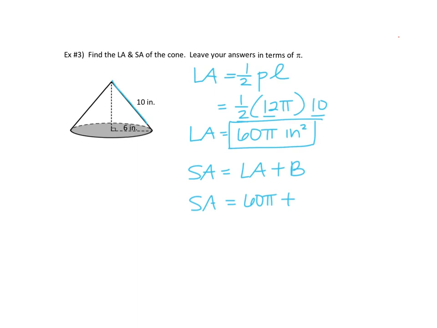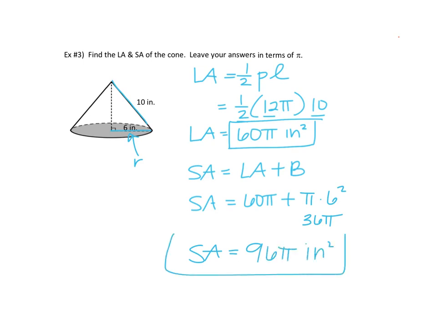If you look here, your radius is 6. So pi times the radius squared would be 36 pi. So we're doing 60 pi plus 36 pi, and that would be 96 pi square inches. Okay, and that's what you're doing for today. Have fun with that.